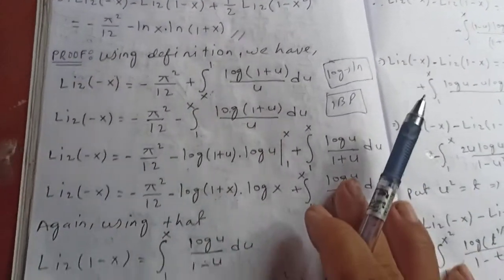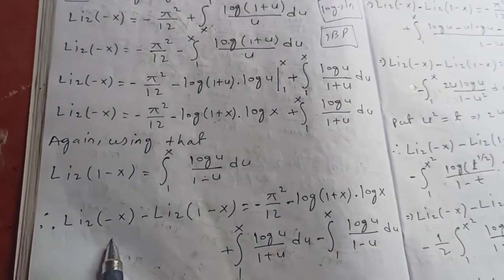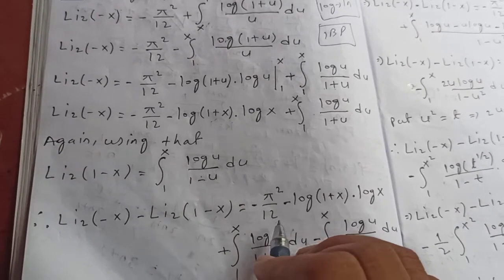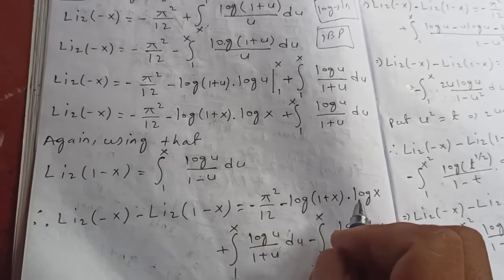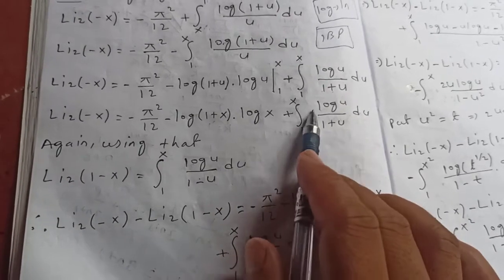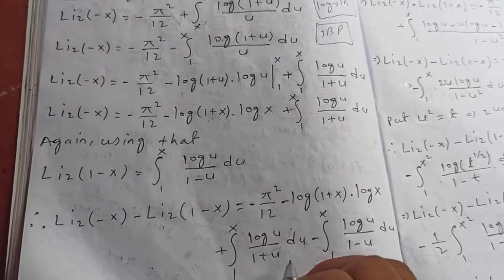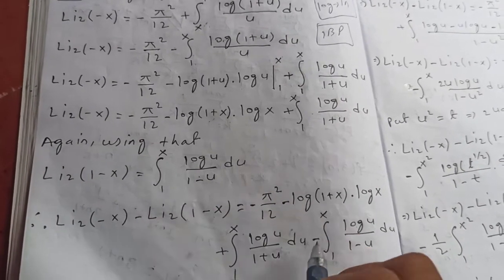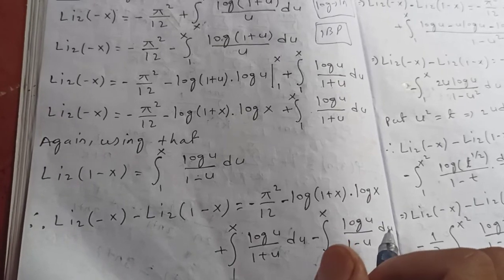So Li2 of negative x minus Li2 of 1 minus x is negative pi square over 12 minus log 1 plus x times log x plus the integral from 1 to x of log u upon 1 plus u du minus the integral from 1 to x of log u upon 1 minus u du.